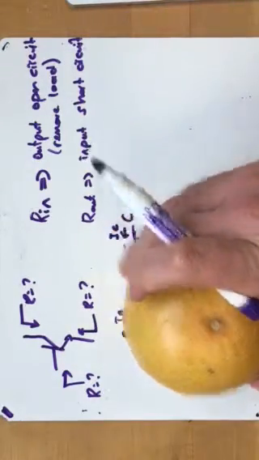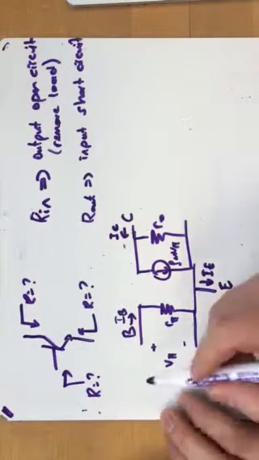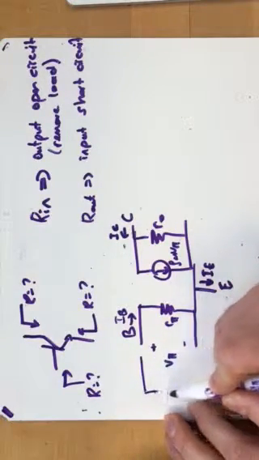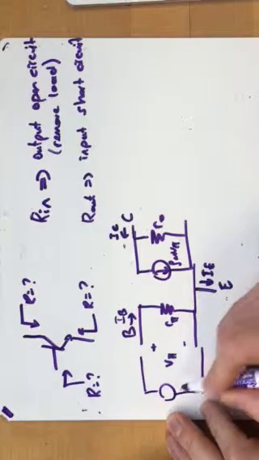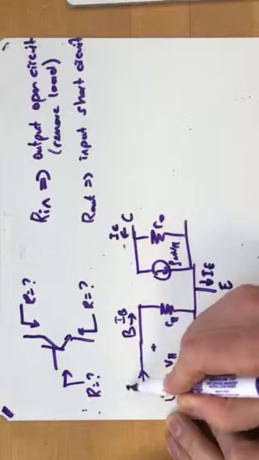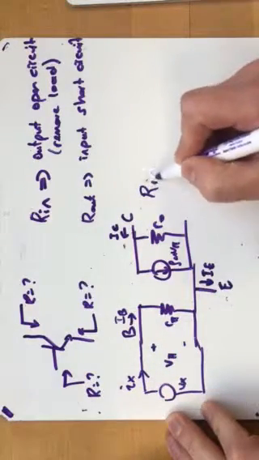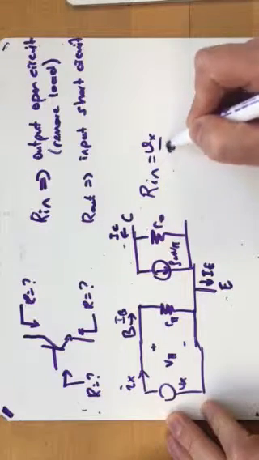So first look at the input resistance. So this is our small signal model. We're going to put the voltage source here, and we call it Vx, and look at the current from here, and we will find our Vx over Ix.